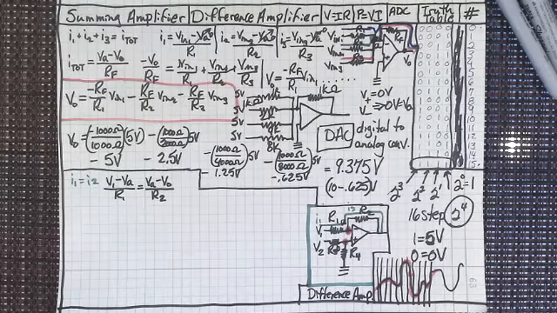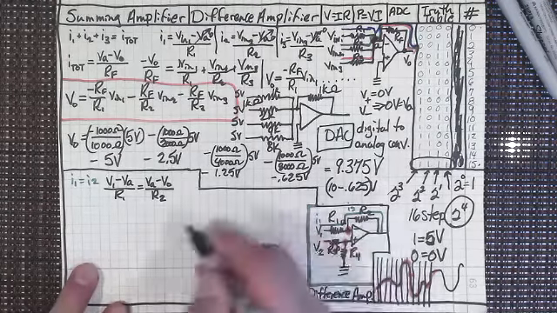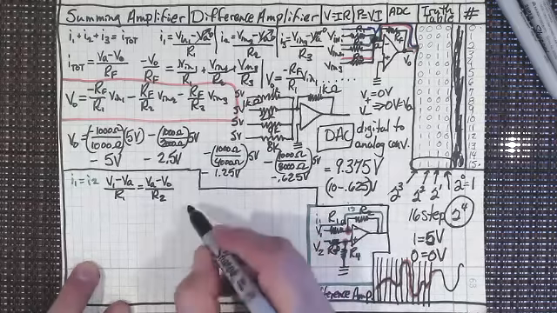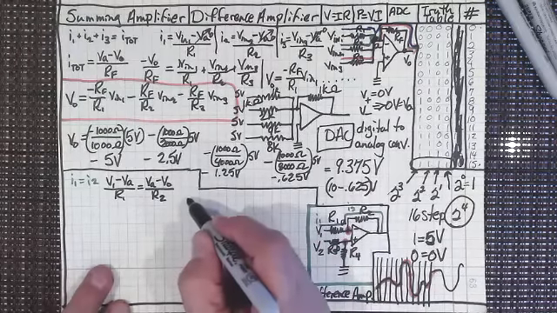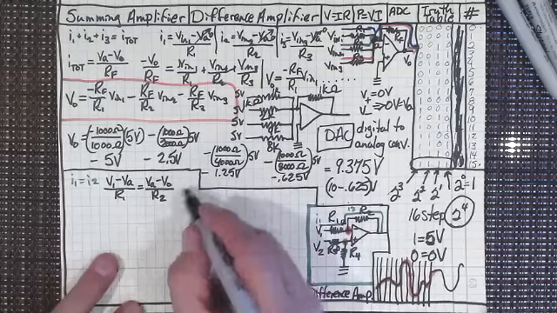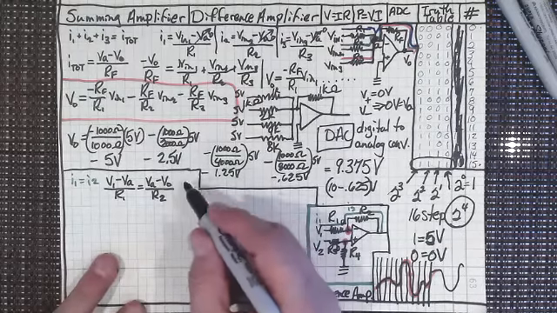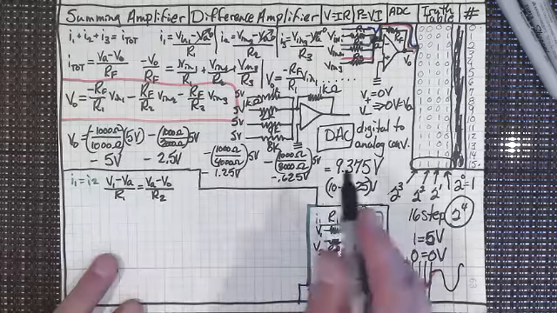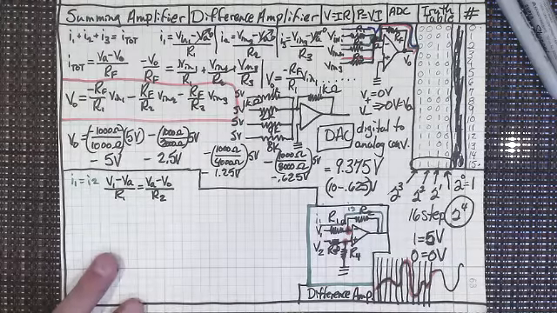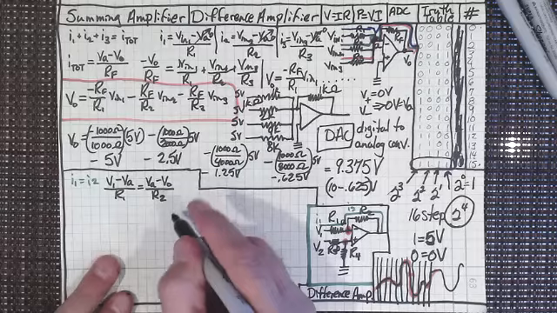If I were to solve this for V out, I'll give you a couple of steps. In the book, they really don't put the steps in. There are some intricate steps that you should understand in going from this point all the way to the end of the difference amp. I'm going to try to put those in here, and I think I can get this out of the way.